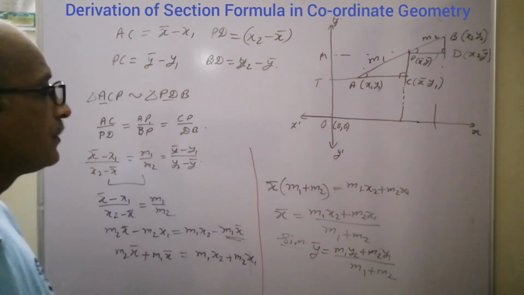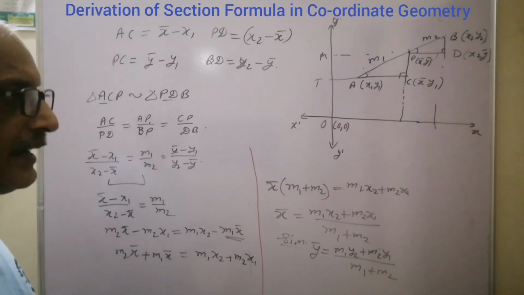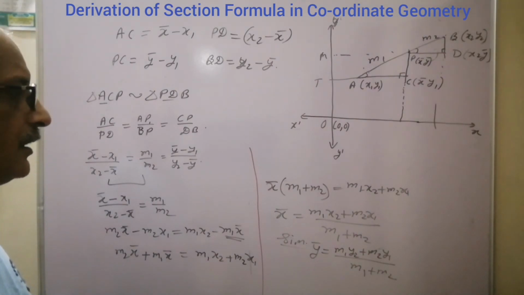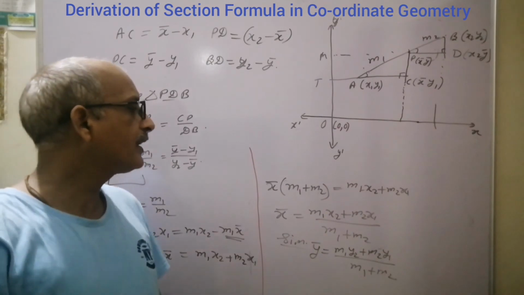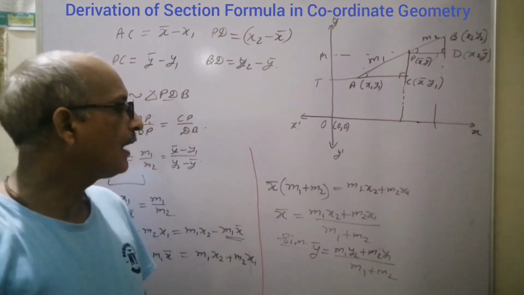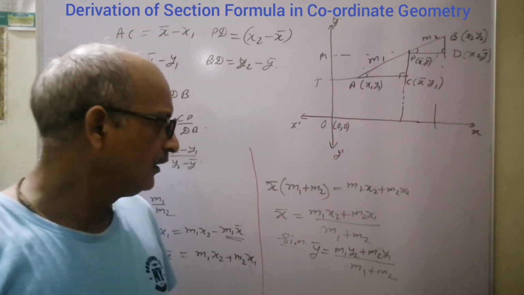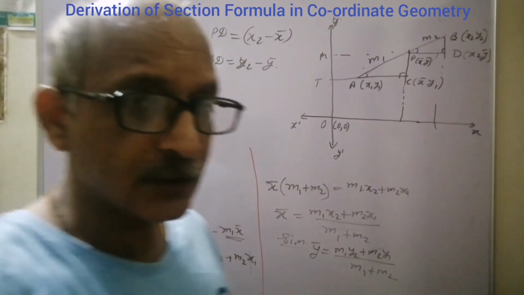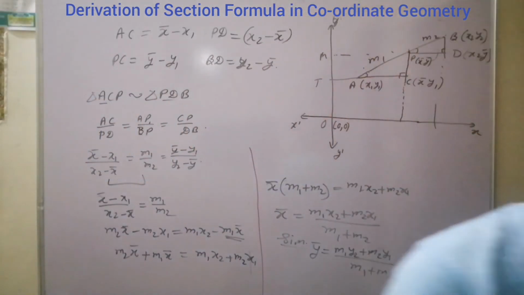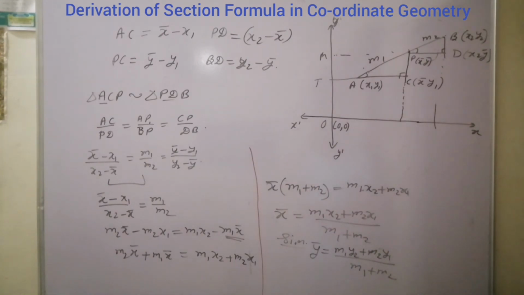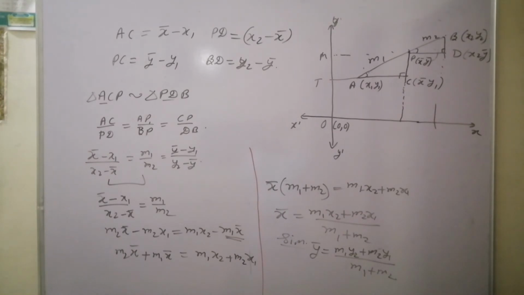So all this x bar, y bar are the coordinates of P. So we can write the coordinates of P as m1 x2 plus m2 x1 upon m1 plus m2, and similarly y bar is m1 y2 plus m2 y1 upon m1 plus m2.